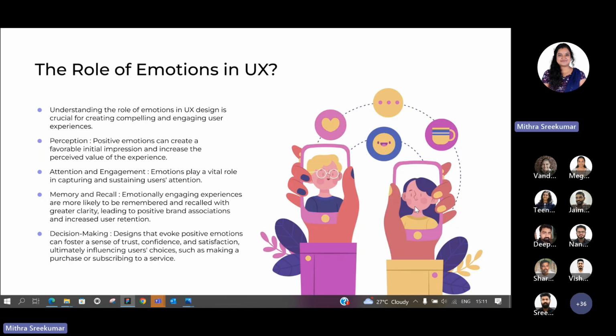So by using the correct colors, typography, and so on, we can produce that kind of trust in the user. So we can say that it is very important to create those emotions for giving a better UX.